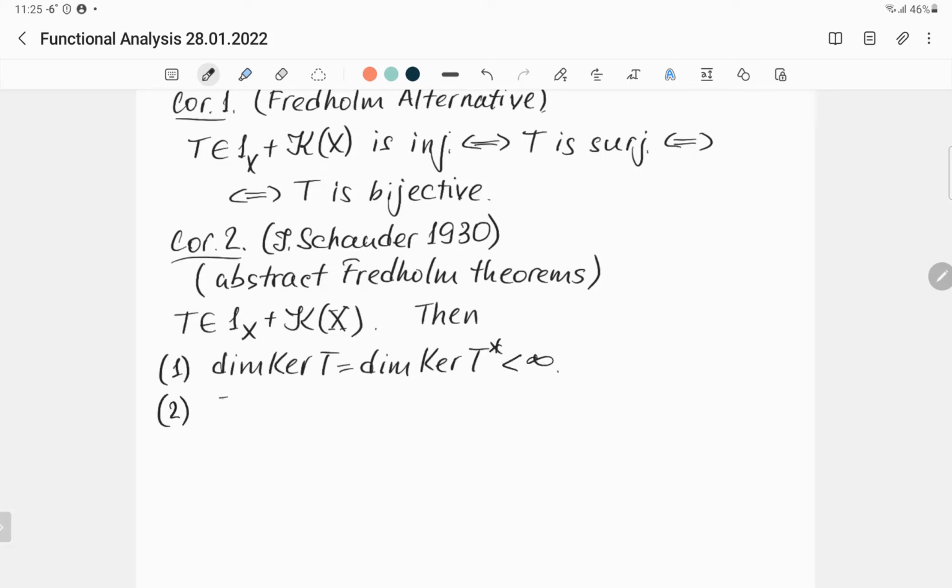Second, the image of T is equal to the pre-annihilator of the kernel of T star. And finally, the image of T star is equal to the annihilator of the kernel of T.